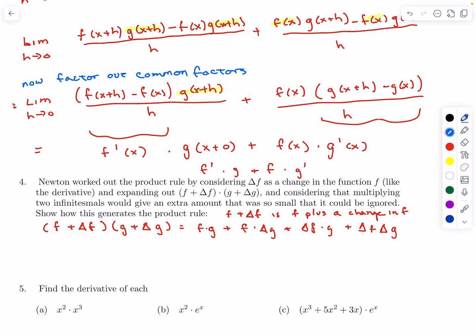Okay, so the idea was, this is the original, this is the change, and then this was something that was much, much smaller so that it could be ignored.